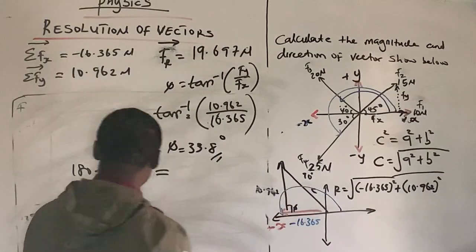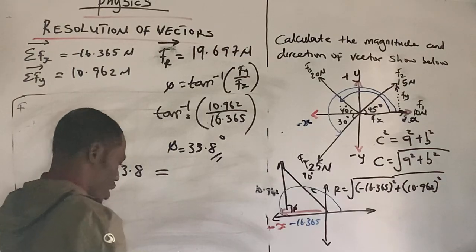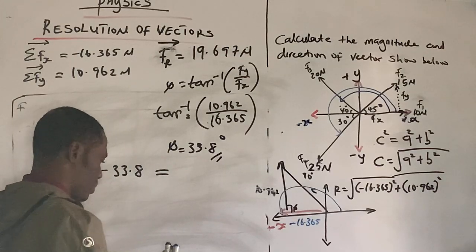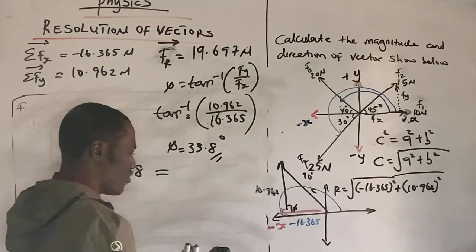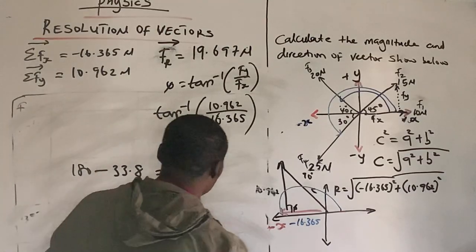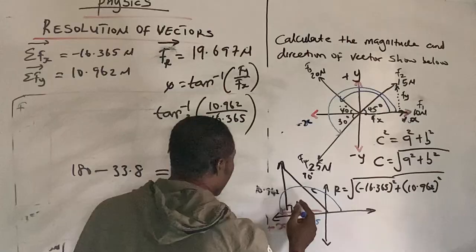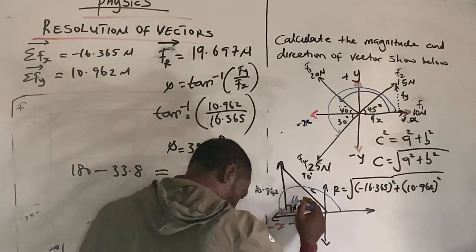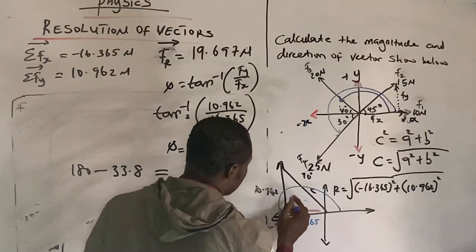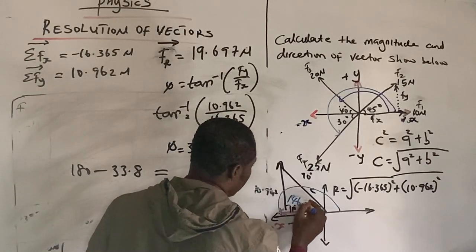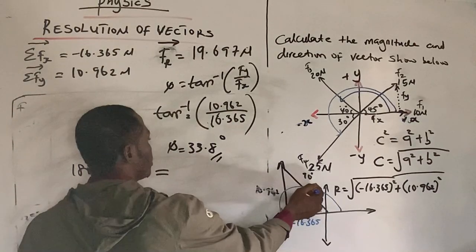So 180 minus 33.8, I'm having 162.2. So I'm going to have over here 146.2 degrees.